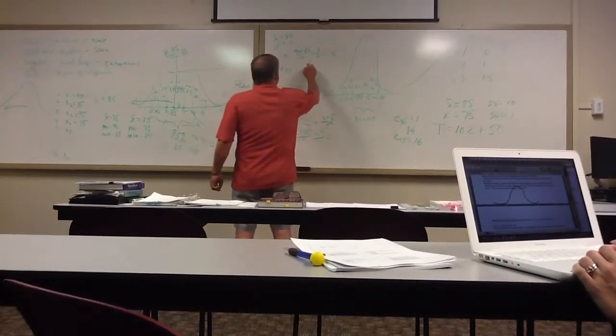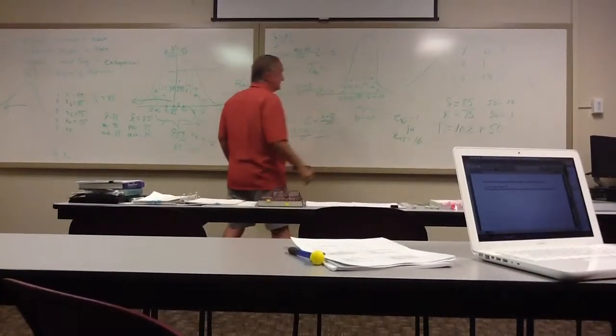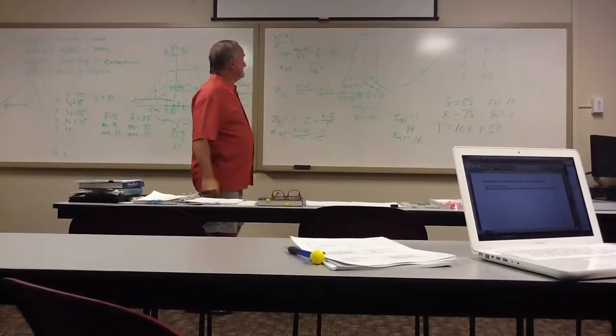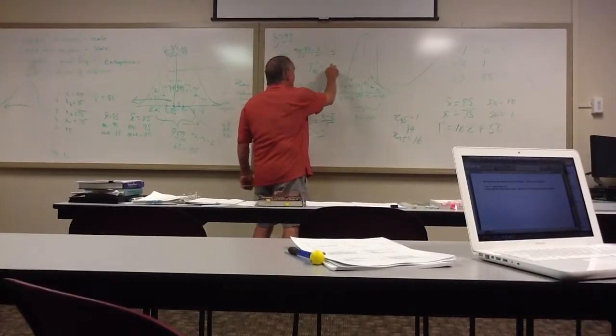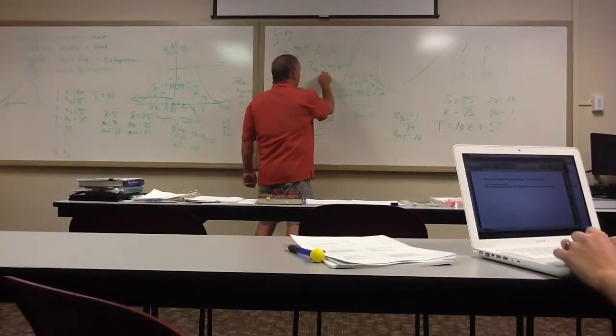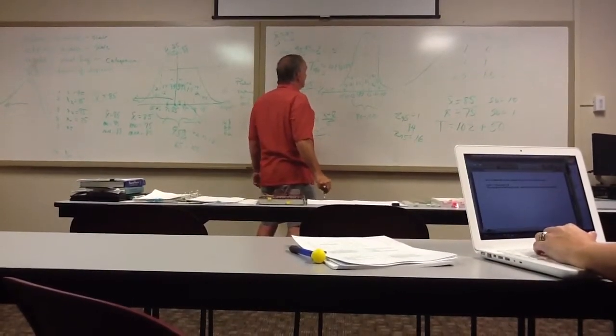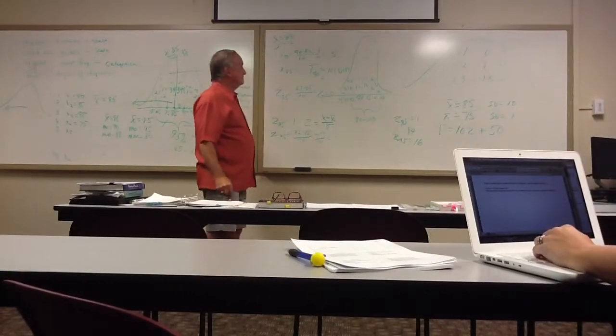So what is the t-score for 90? Ten times 0.5 plus 50 equals 55.